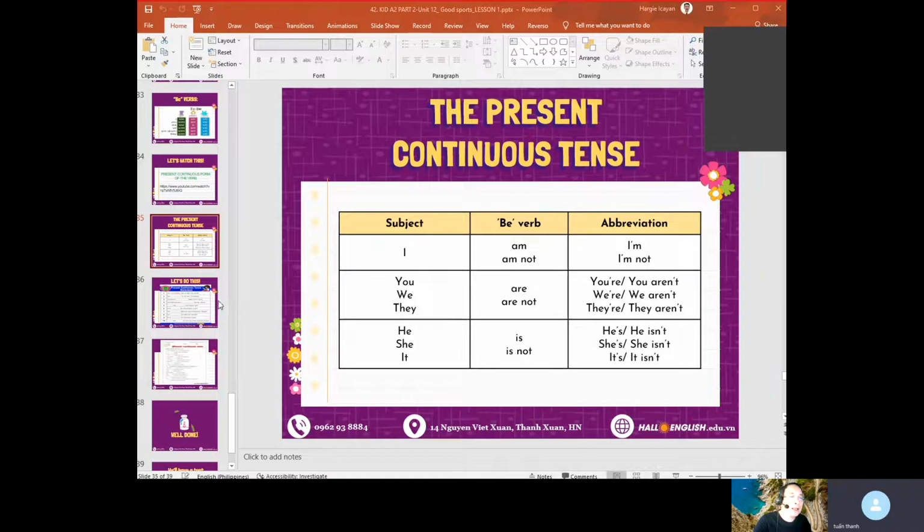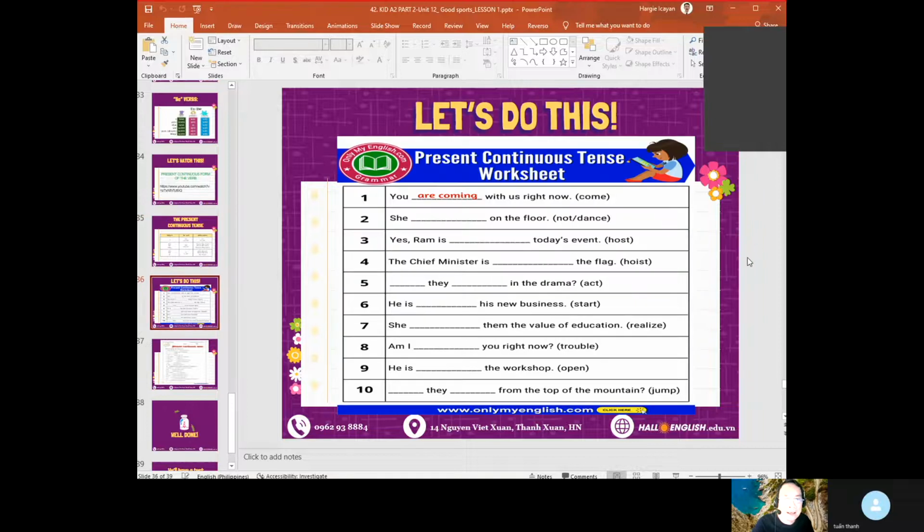Yes. Okay, very good. Now let's try this particular exercise. Let's do this one, V. So let's use the present continuous tense of the verb here. And take note, we have here the base form of the verb, for example, come.